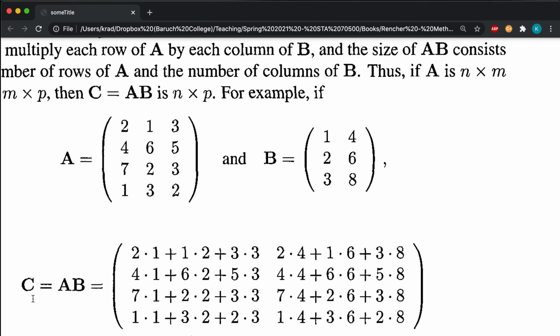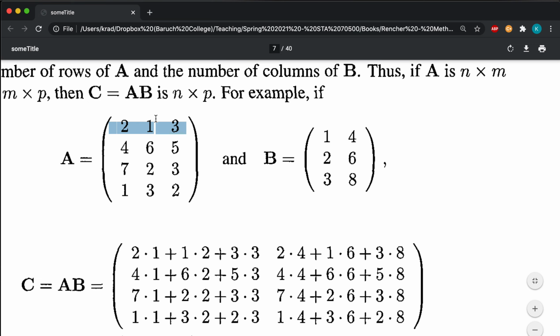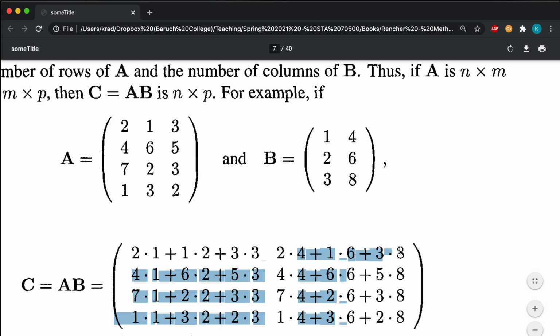In order to find the entry in the first row, second column, we take the first row of A and take its inner product with the second column of B. So we take this and multiply it by this. So you have 2 times 4 plus 1 times 6 plus 3 times 8, which you have here. Okay, you got the idea.